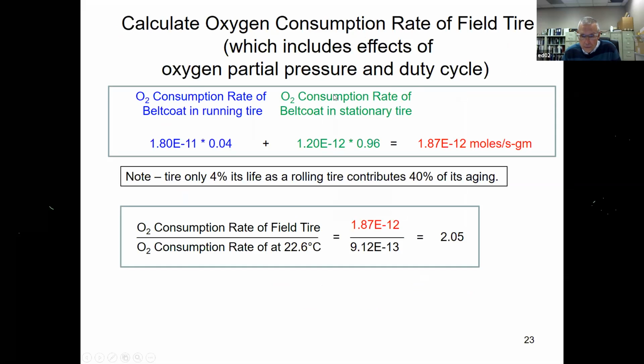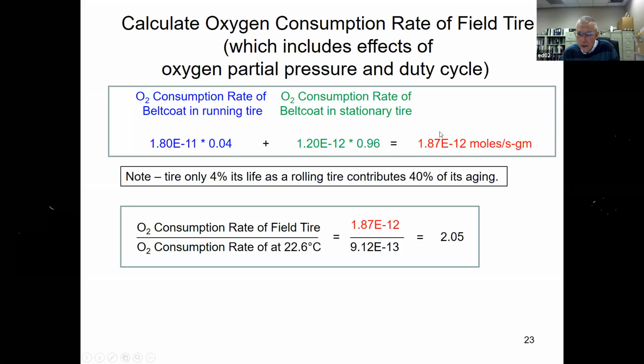And here's the oxygen consumption rate in the belt coat of the stationary tire, and here's the oxygen consumption rate of the belt coat in the running tire. So here's the oxygen consumption rate from the DLO model times 4%. And here's the oxygen consumption rate of the stationary tire times 96%. Okay.